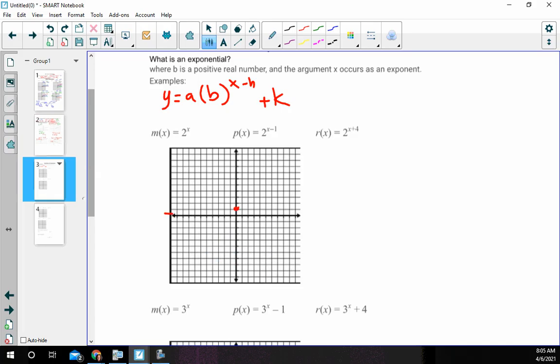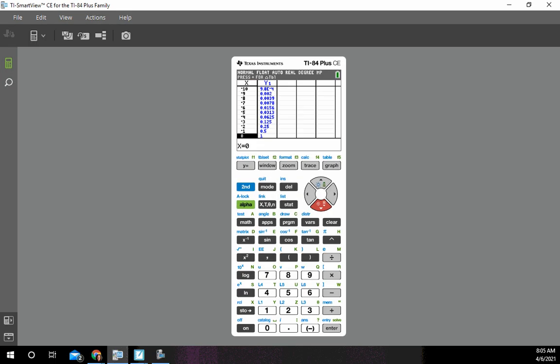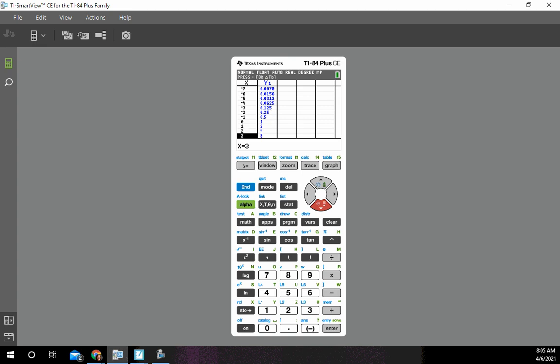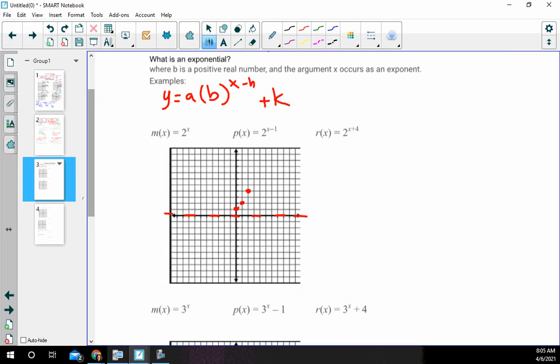Okay, we have an asymptote. What's the next one? 1, 2, 2, 4. So right 1, up 2; 2, 1, 2, 3, 4. Do I have another pretty one I can fit in? Yeah, 3, 8. Right 3, up 8. So we're going to get big.